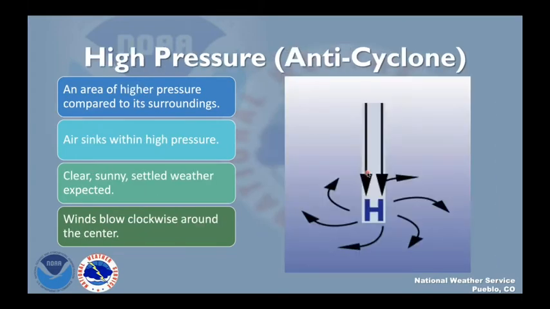So high pressure systems, otherwise known as anticyclones, are air moving clockwise. So this way, air will move from up to down. So generally speaking, it's associated with pretty pleasant weather, clear, sunny, hot.